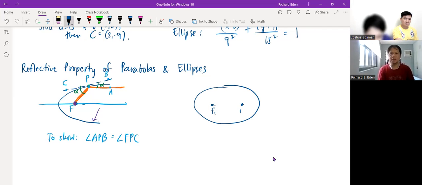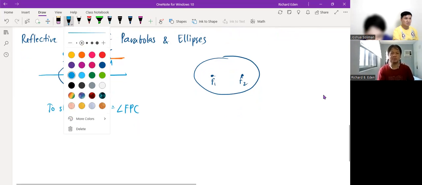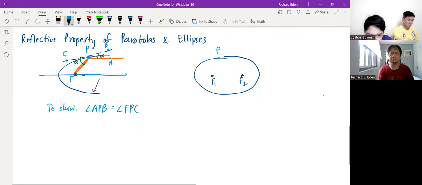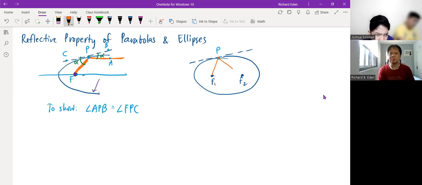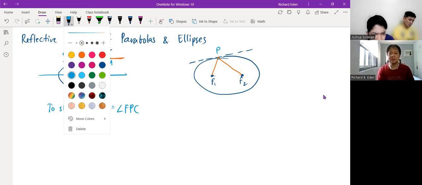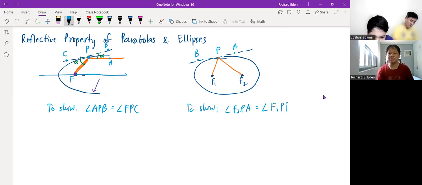And then in the case of an ellipse naman, okay, F1, F2, and then if we choose an arbitrary point on the surface, example, itong point P na to, tapos if you draw the tangent to the ellipse at point P, and connect the two foci to point P, tapos label natin ang points like so, A and B. So what we want to do is to show that angle F2PA equals angle F1PB.